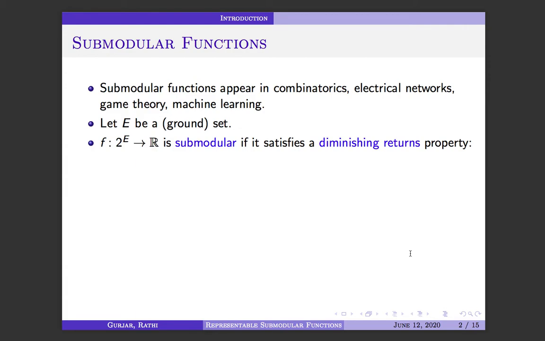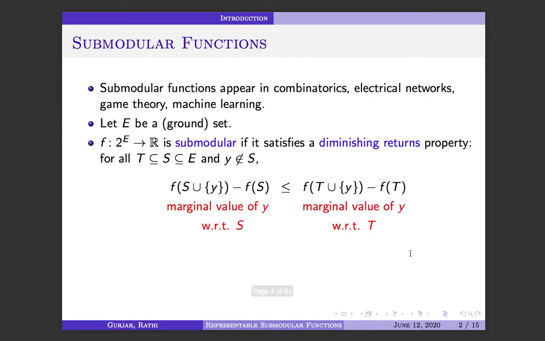And if you take it with an even larger bundle of items, its price might further decrease. So formally, for any two sets T and S of E, where T is a subset of S, and an element y which is outside S, the function f must satisfy this inequality.